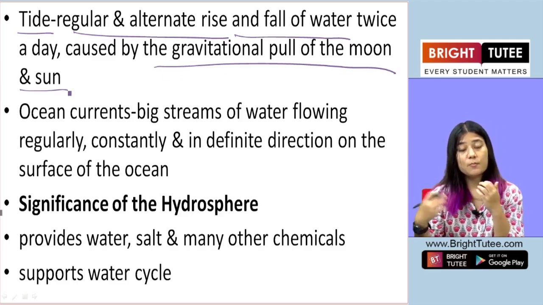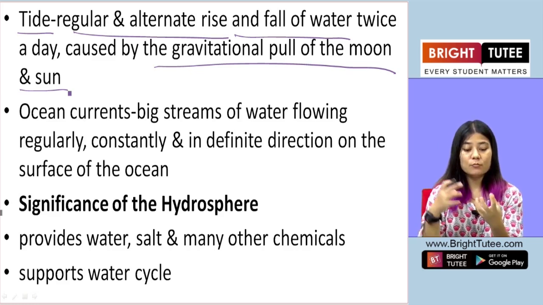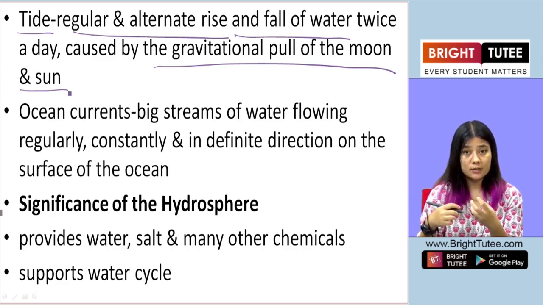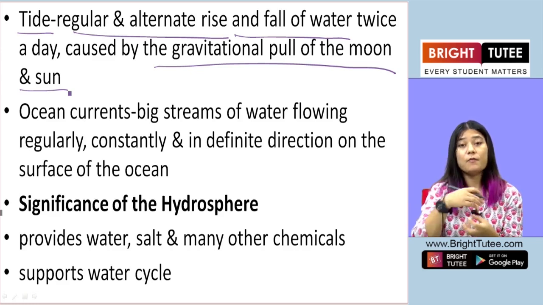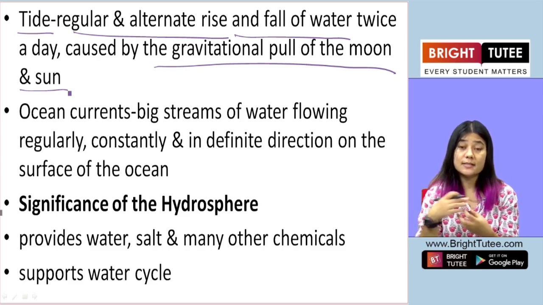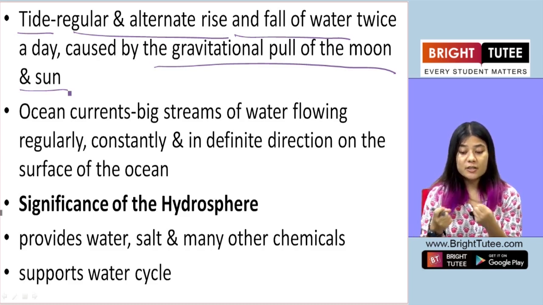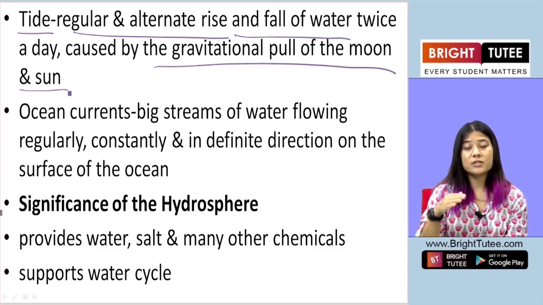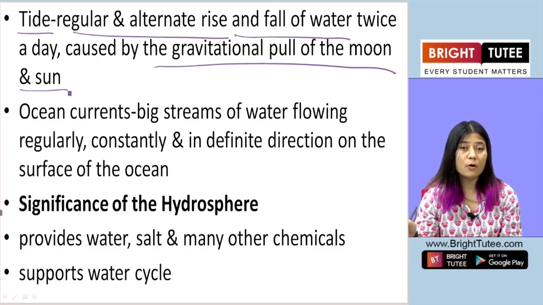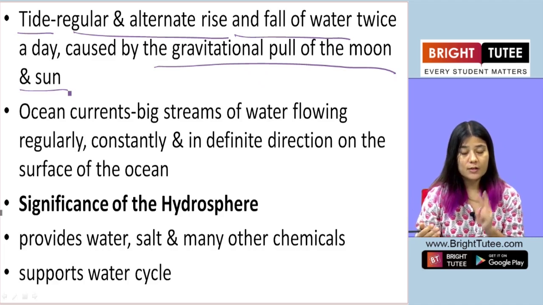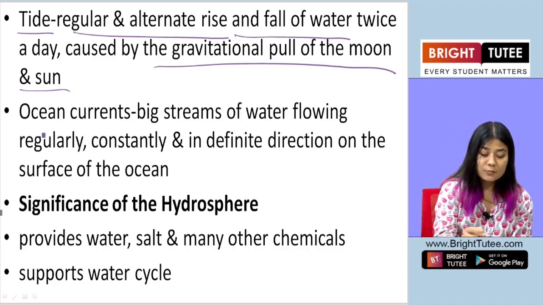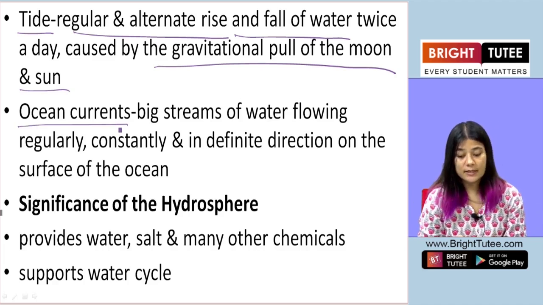So the moon revolves around the earth, and the earth revolves around the sun. The gravitational pull of the moon and the sun causes the water level of the sea and the water bodies to rise and fall twice a day. That is called tide. The third one is called ocean currents.